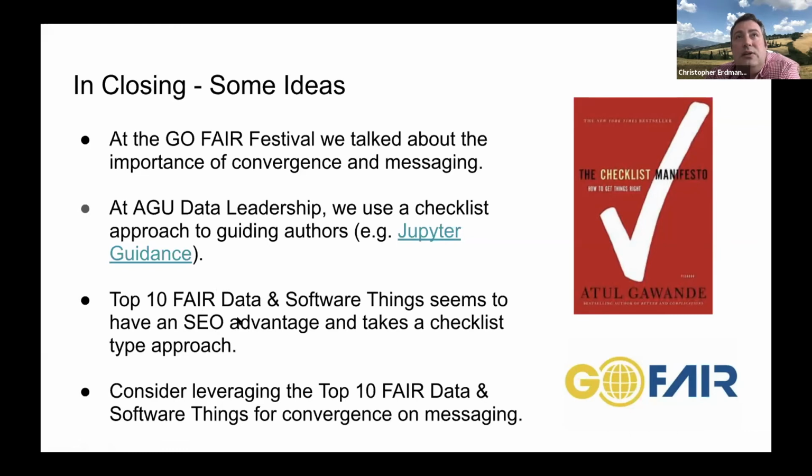I think it takes those top 10 things that you need to know, which I oftentimes hear researchers just need to know directly, what they need to do. The messaging needs to be more succinct. And then this last point is, consider leveraging the top 10 FAIR data and software things for convergence on messaging.